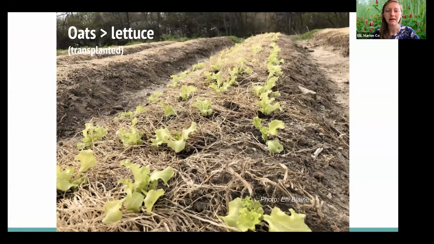And that can be done via transplanting as well, where you have the oat residue and then holes that were made right into it. So it's not a whole lot of top growth. You may have some issues with weeds here for sure, but you can come back through and add some additional mulch in the future if you want.